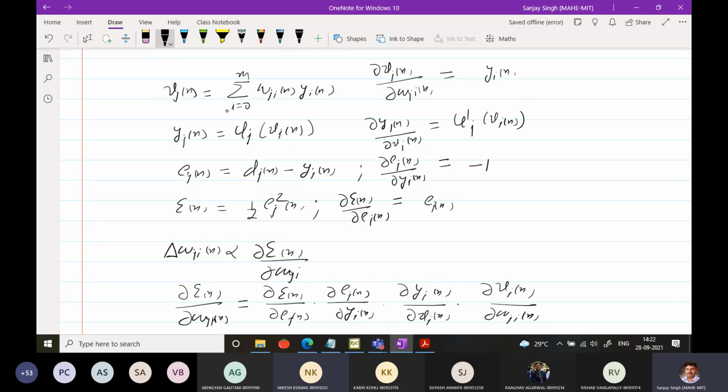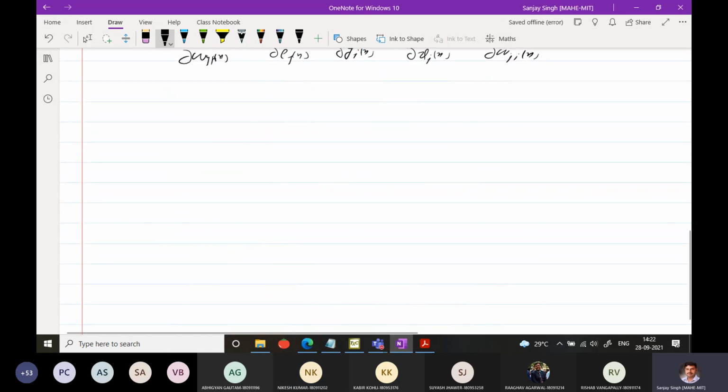Now many will have a doubt: should I write the summation here? No, the summation should not be there. The reason is very simple. Let me write it across. If I write the sum over Wji with i equal to 1 to 3, it will be Wj1 y1 plus Wj2 y2 plus Wj3 y3.